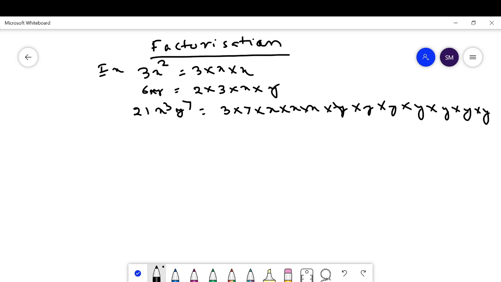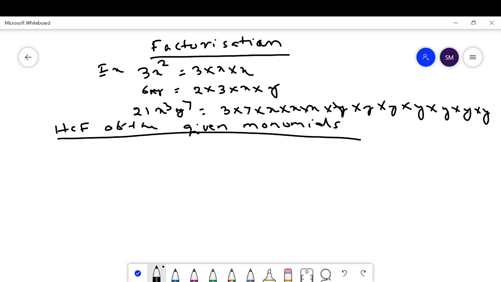Then by factorization methods we can find the HCF of the given monomials. How can we find the HCF of the given monomials?